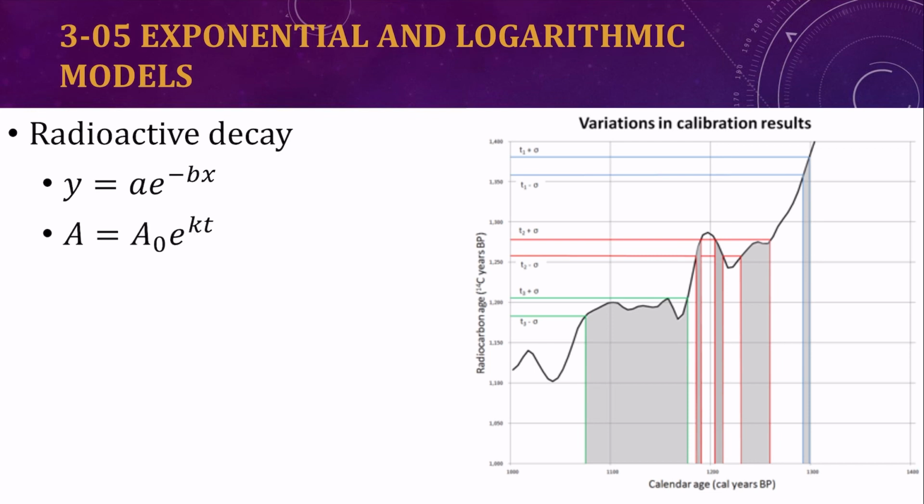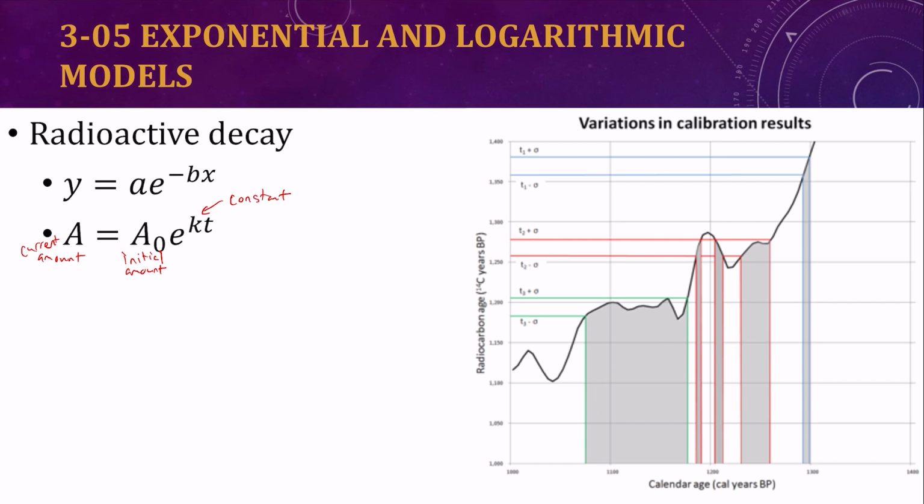So instead of y, we use A. A is the current amount, A0 is the initial amount, and K is the constant.